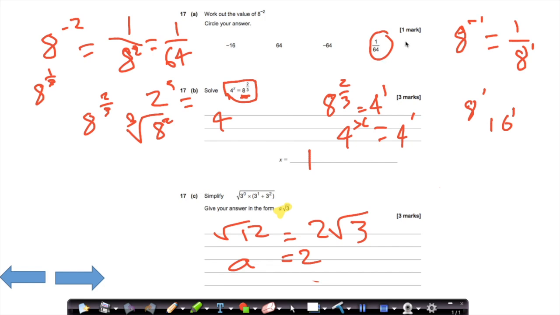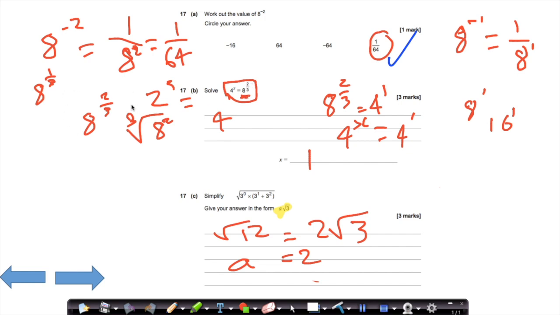For part B, it was 1 mark for either finding the 2 squared to give you, if you just wrote 2 squared, you would have got 1 of the marks, or if you wrote 64 to the power of a third, so worked out that the cube root of 64 is 4, so you could have done the reverse, so that would have been 8 squared to give you 64, and then the cube root of that.